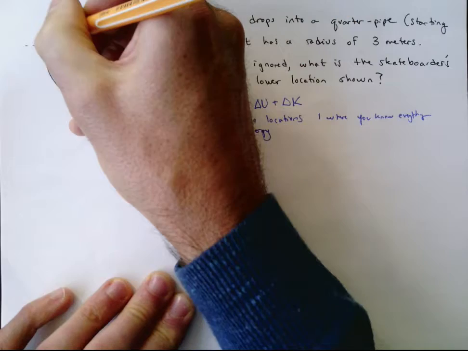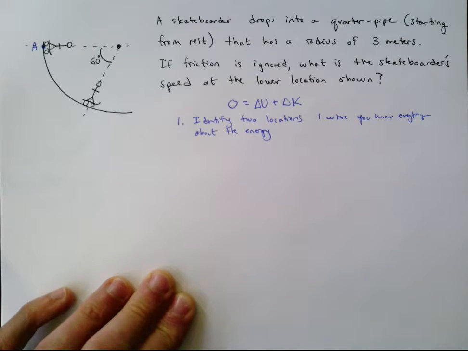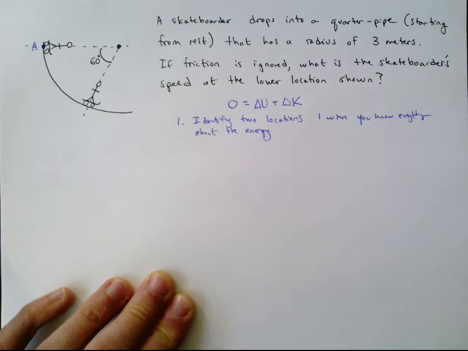In this case, I'm going to call it right here. I usually call that location A. There we know how high the person is, the y coordinate, and that helps us figure out the U, the gravitational potential energy. They also say that he starts at rest, so we know the kinetic energy. So we know both the potential and the kinetic energy of the person at that location.